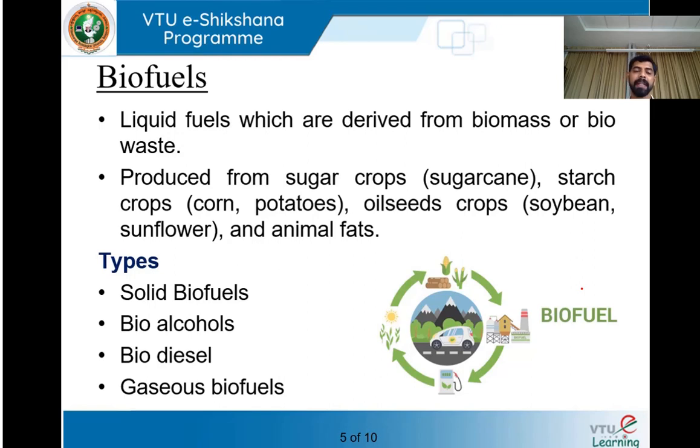Normally it liberates methane gas, which can be named a gaseous biofuel, and which we have been using as gobar gas. So these are some of the biofuels which we can artificially prepare and which act as an alternative fuel for our regular conventional fossil fuels like petrol, natural gas and coal.